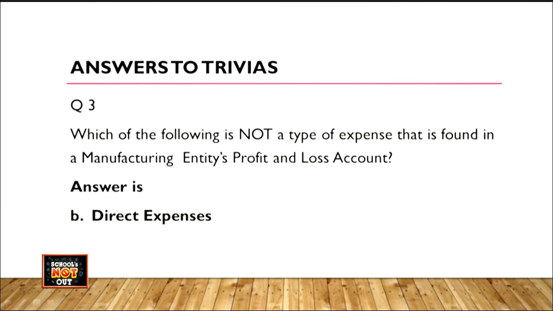Answer, direct expenses. And you would remember from the last class that direct expenses are considered to be a part of our prime cost. Hence, those are taken into consideration in the manufacturing account.